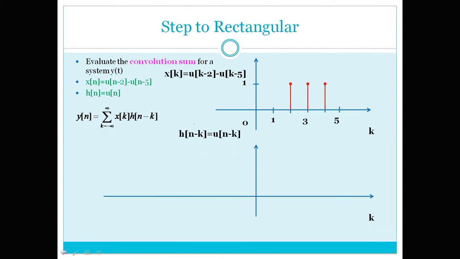First I need to change n into k, then I need to fold it, that means u of minus k, and then I need to shift it up to n. Let me show you. These are the final results. If you are unable to understand these results, I can explain them to you.